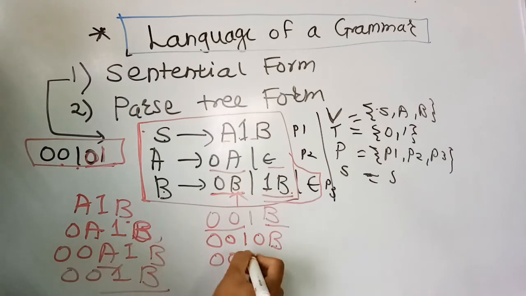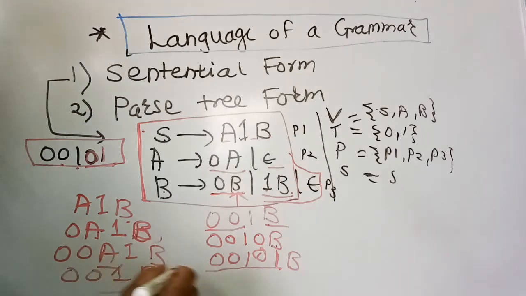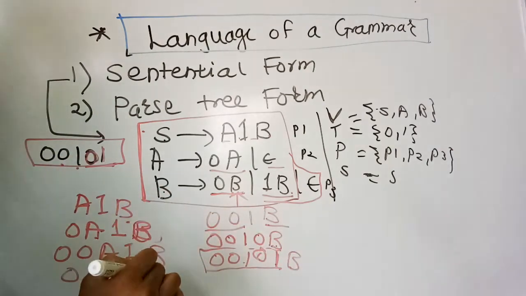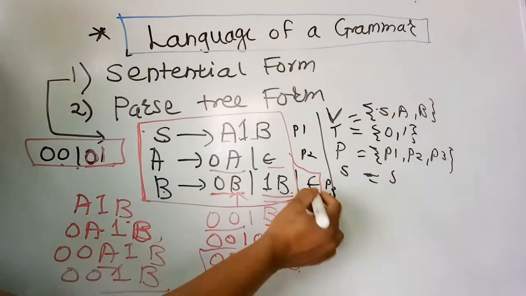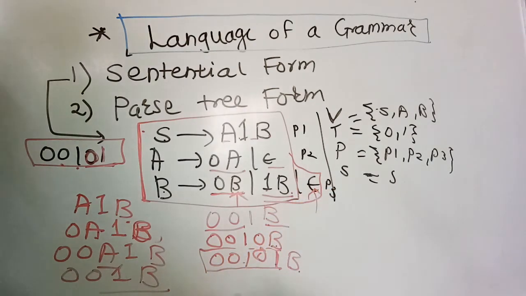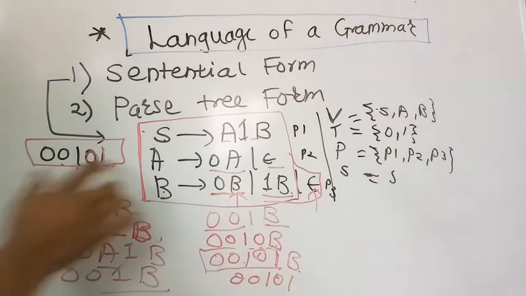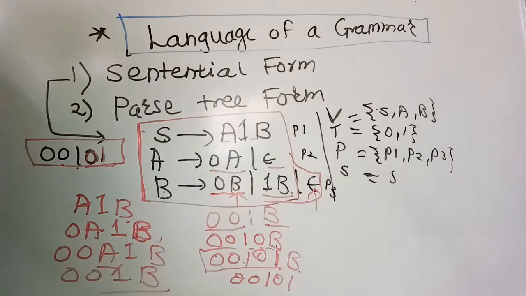So if you replace, 00101B, then finally you have taken the answer like 0, 0, 1, 0, 1. Now B is there, but B has the replacement epsilon. So your answer is 00101. So this is the mechanism of using the sentential form for deriving a string from any grammar.